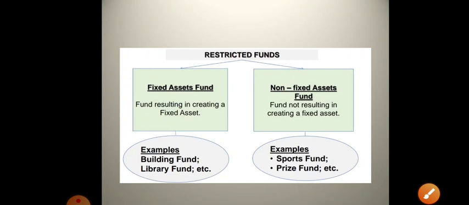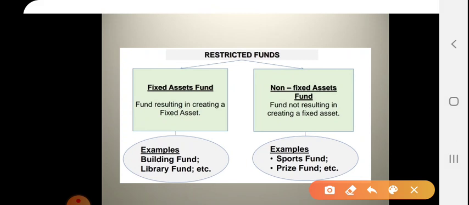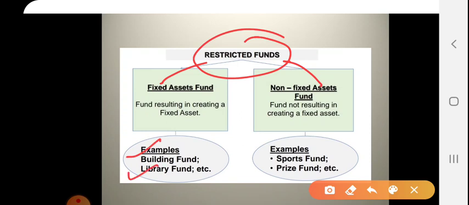Now we talk about restricted funds; I am not taking the unrestricted funds here. Restricted funds can create either a fixed asset or a non-fixed asset. Building is a fixed asset, library is a fixed asset, pavilion is a fixed asset.